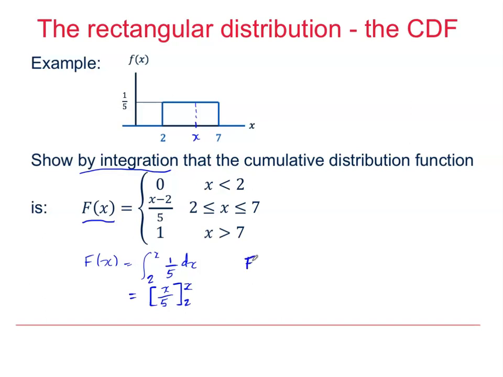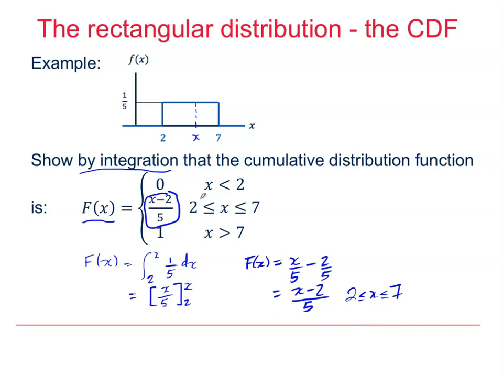So put that over here then, that's going to be x over 5, take off 2 over 5, which can be written as shown up here as one fraction, and that's the value between x is 2 and 7.